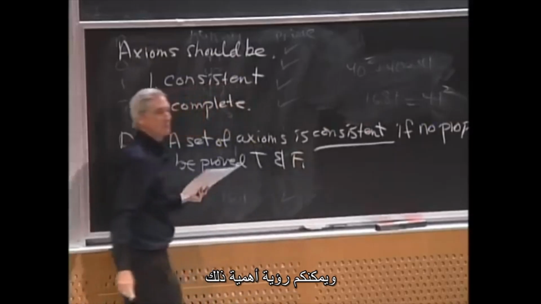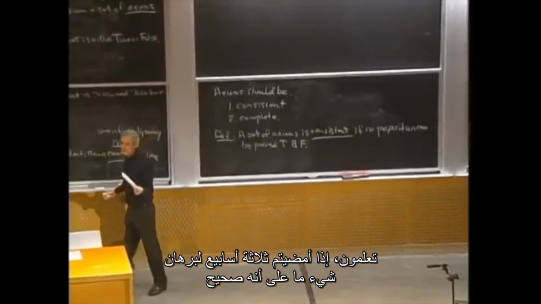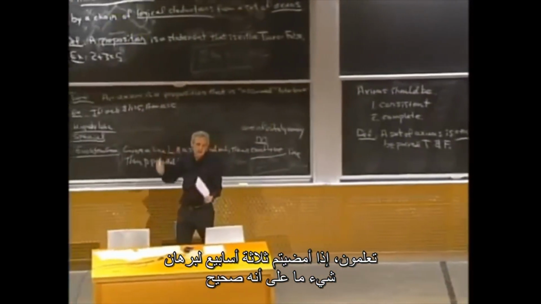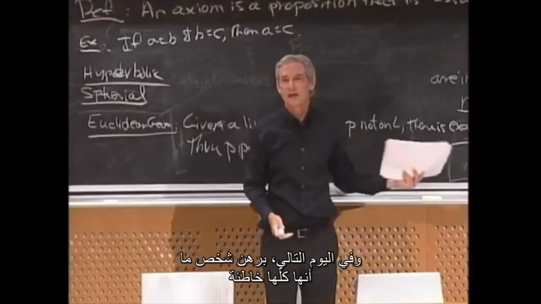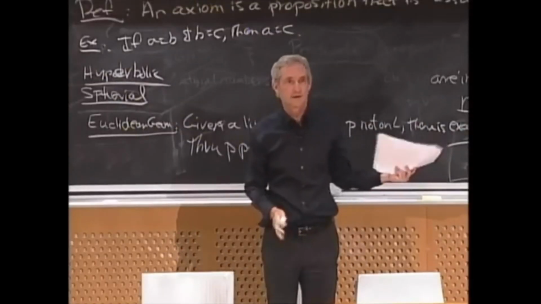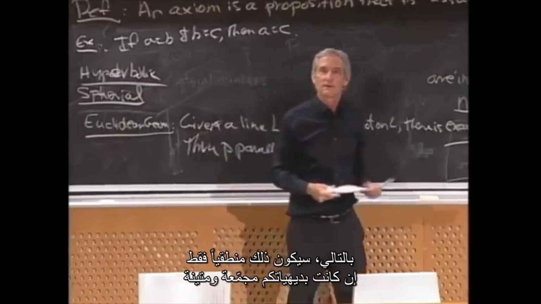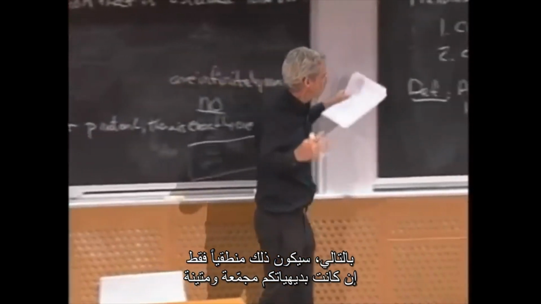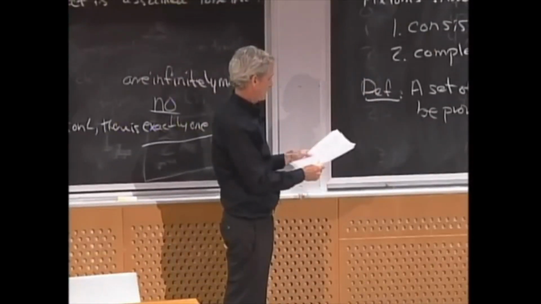And you can see why that's important. You know, if you spend 3 weeks proving something's true, and the next day somebody proves it's also false, I mean, the whole thing was pointless. So it only makes sense if your axioms as a group are consistent.